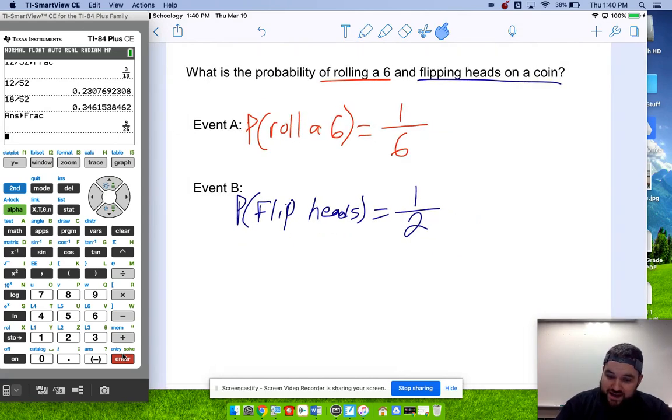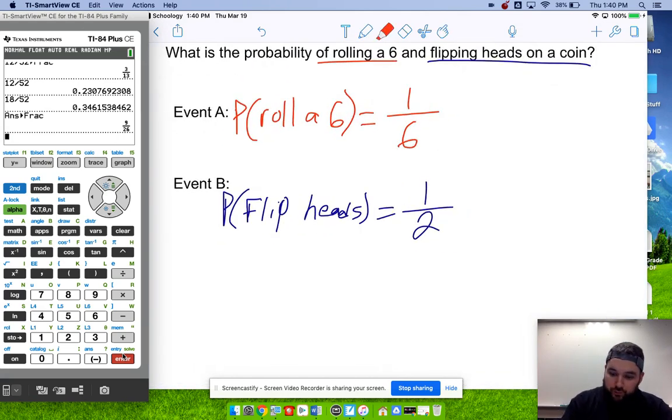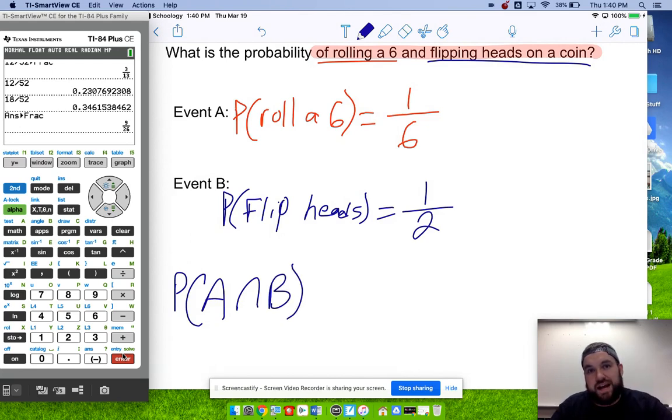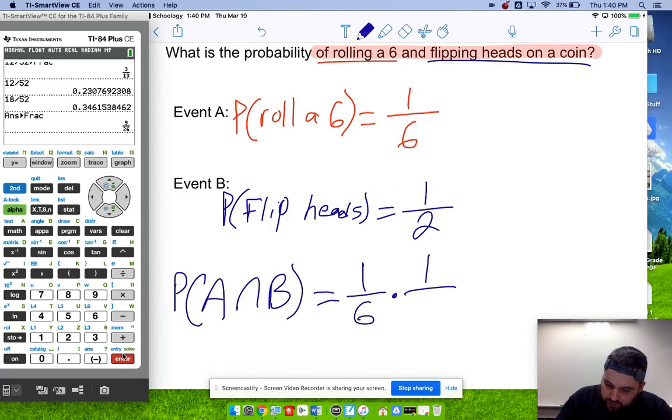Now, if the question is asking what is the probability of rolling a 6 and flipping heads on a coin, that means I want the probability of A and B. Since I know rolling a die and flipping a coin are independent events, I can go ahead and just take these individual fractions and multiply them together.